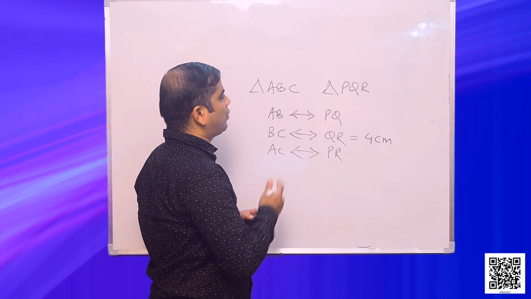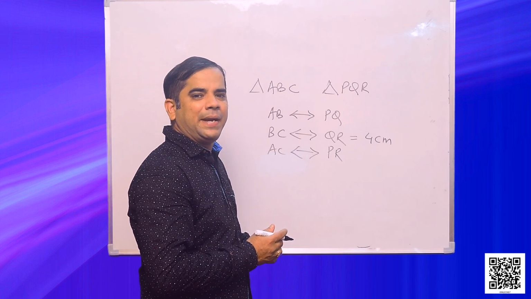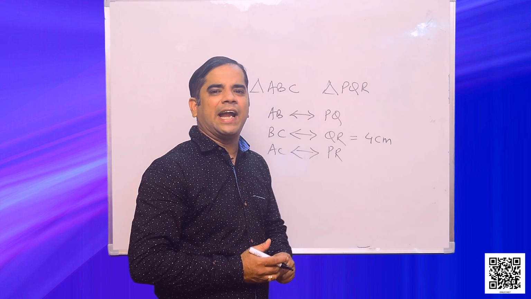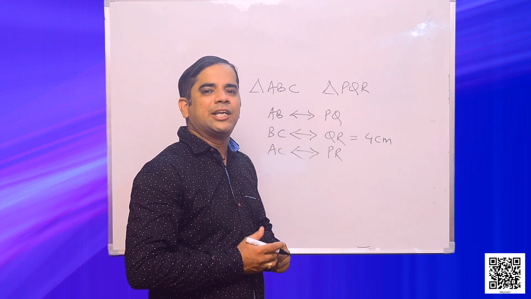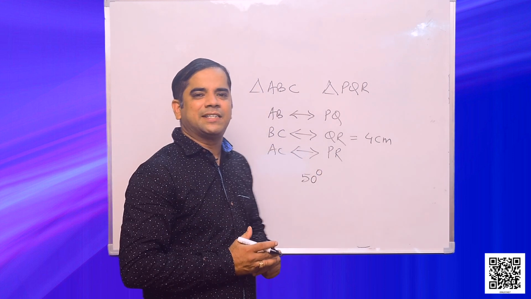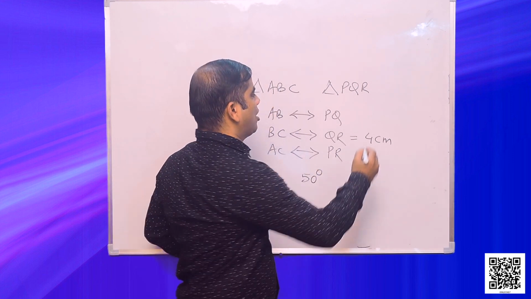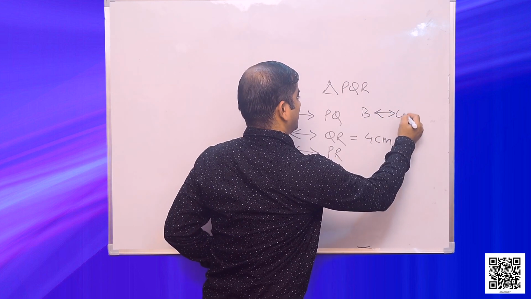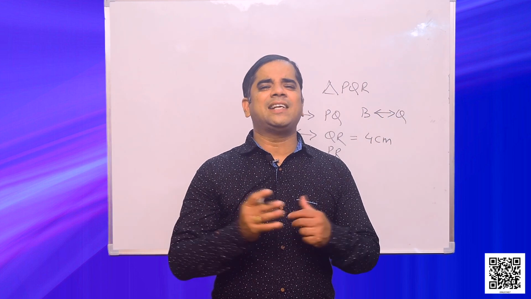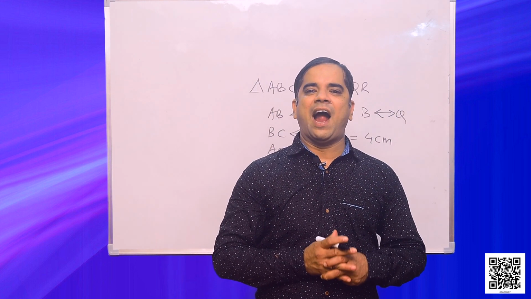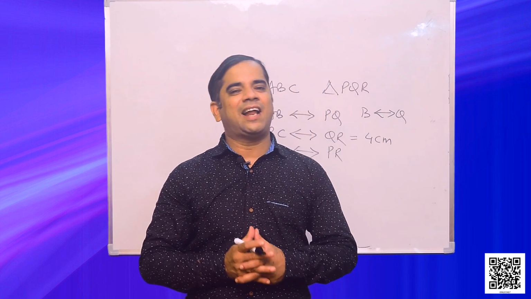We have an included angle between AB and BC which is equal to the included angle between PQ and QR, that is 50 degrees. That means vertex B also corresponds to vertex Q. But we can clearly see that PQ is greater than AB and PR is greater than AC.